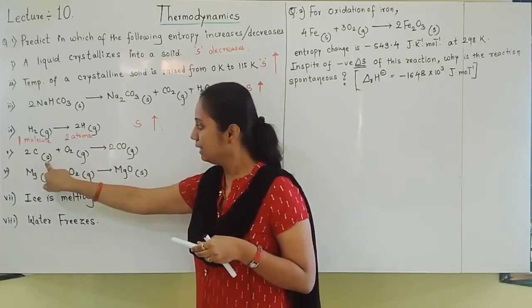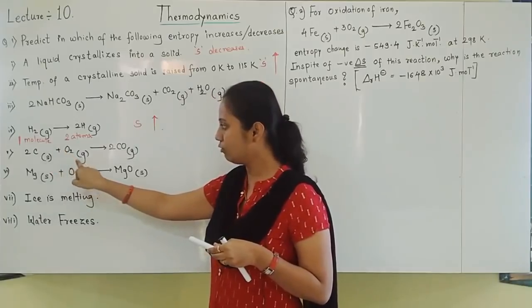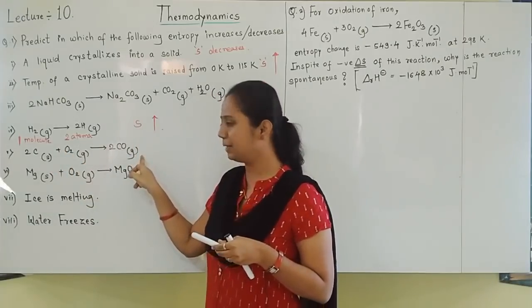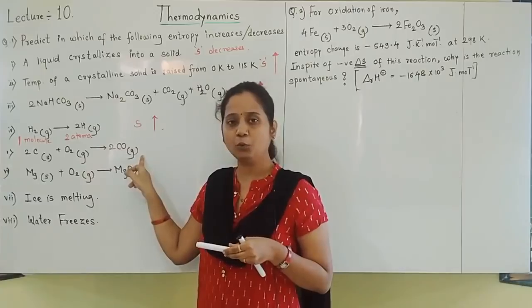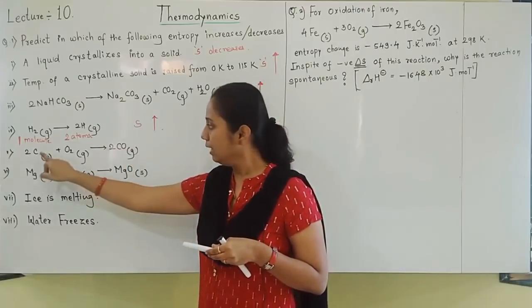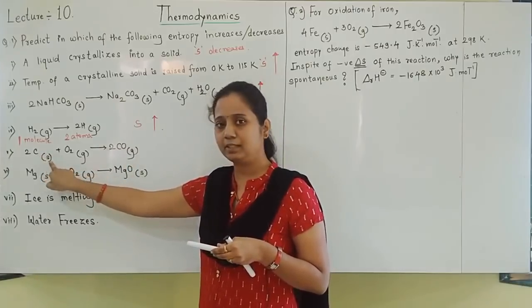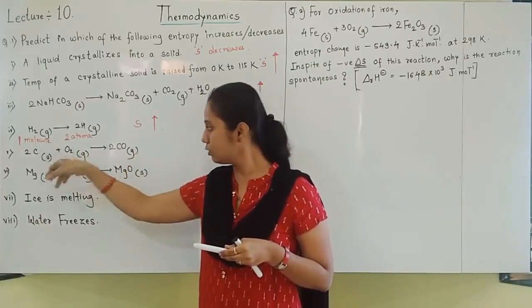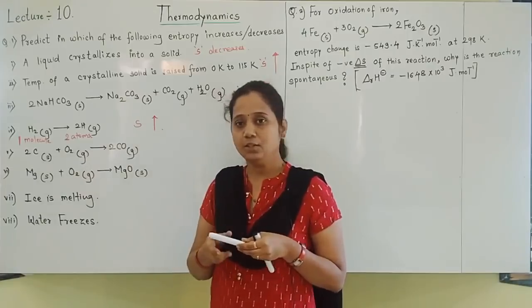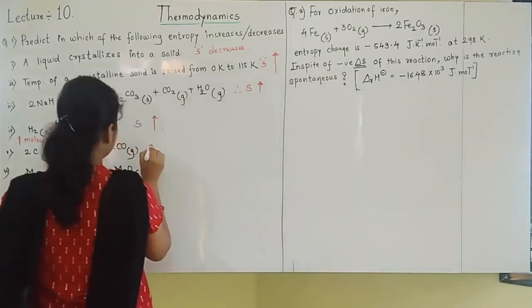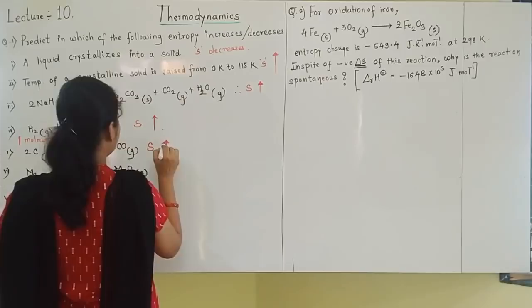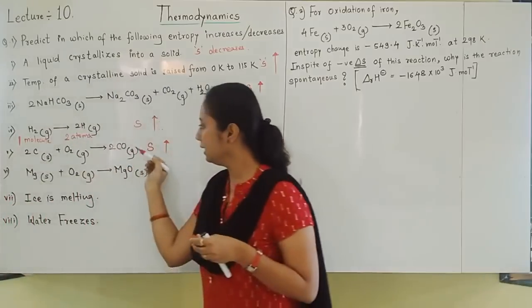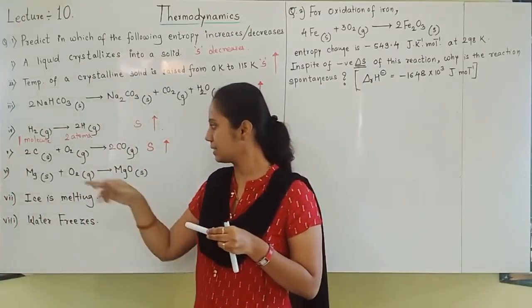Next. Of the reactants, one was solid, another was gas, but now all products are gases only. How to think here, students? Some of the reactants were solid, but now all products are gases only. So solid also got converted to gas. So entropy again increases.